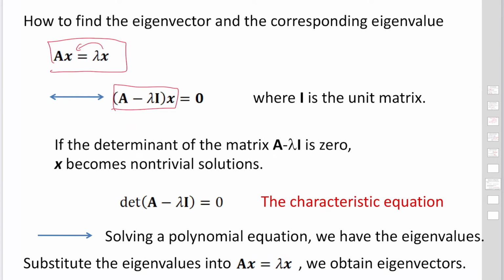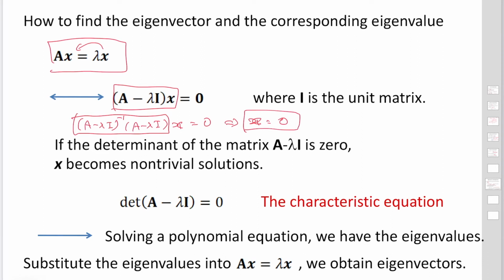You can multiply by the inverse on both sides, then this is a unit matrix, so x becomes 0. This is a trivial solution.